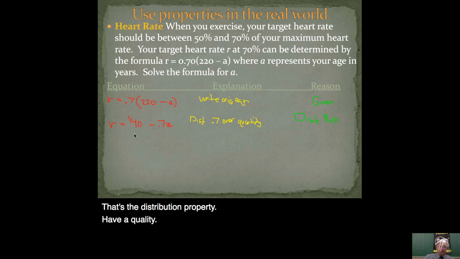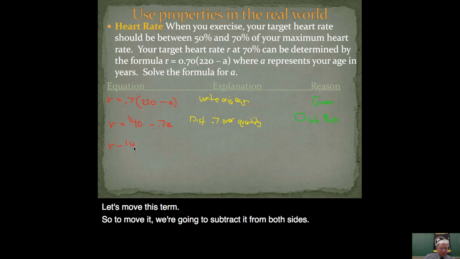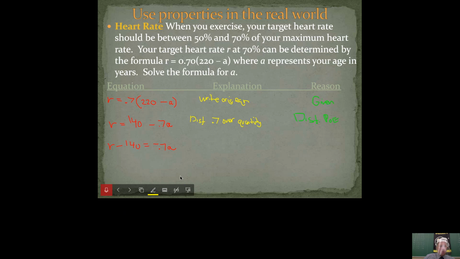We still want A by itself. Let's move this term. So to move it, we're going to subtract it from both sides. Put into words what you did there. How did you get from here to here?